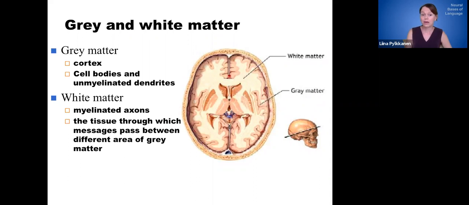It's the part of your brain that houses the majority of its computational power, and it consists of the cell bodies and the dendrites. The white matter, the inner matter, consists of myelinated axons. That's the tissue through which messages pass between different areas of the gray matter.